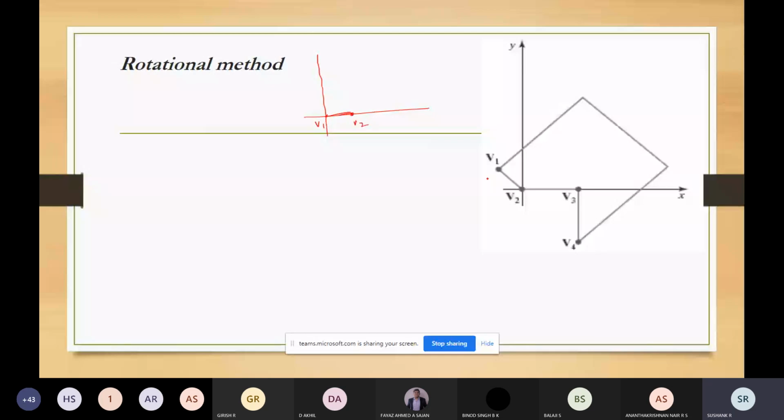So in the first case, assume vertex vk is at the origin, which means the alignment I will show is vertex v2. It will be somewhat like this. V3 will be here. After this, at a right angle to v3 will be v4.